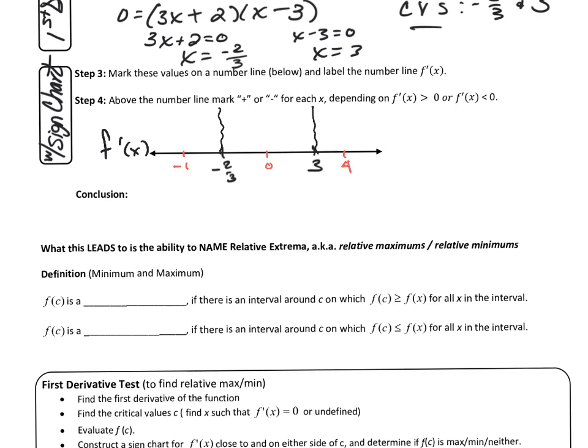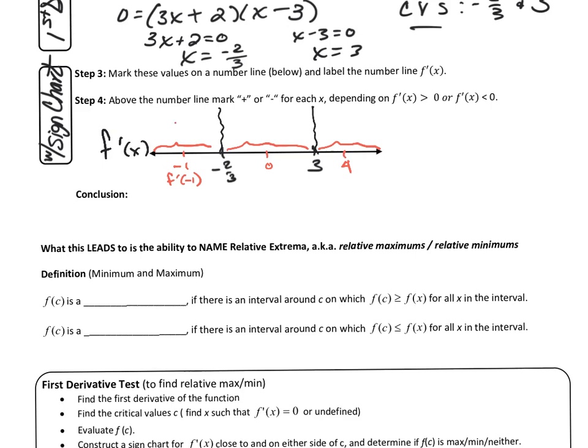What we know with increasing and decreasing is that our functions only change between increasing and decreasing at critical values. And so we know that everybody within each of these intervals is going to have the same positive or negative, increasing or decreasing characteristic. So we take f prime of negative 1, substitute it into your function.